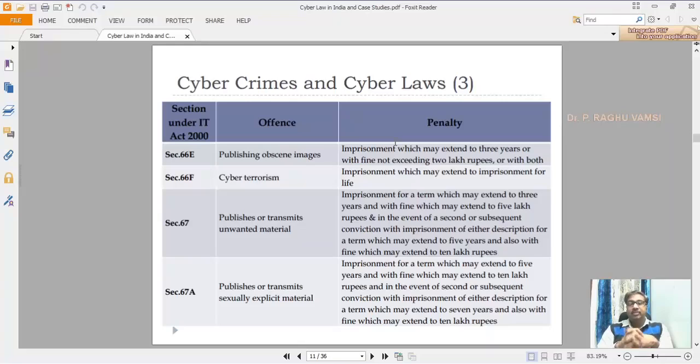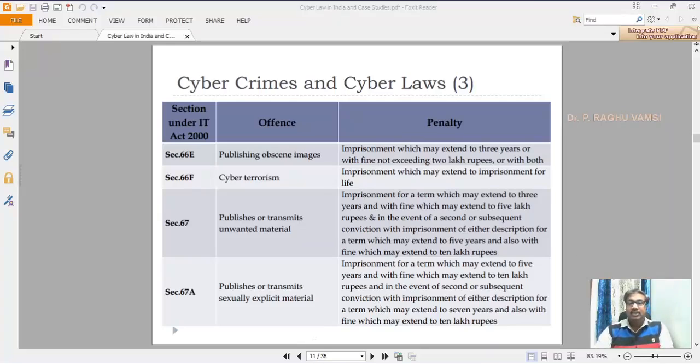Imprisonment for a term which may extend to 3 years and 5 lakh rupees fine. And in the event of the second conviction, that means if they are found doing the same thing a second time, then the imprisonment of either description may extend to 5 years, with a fine of 10 lakh rupees.